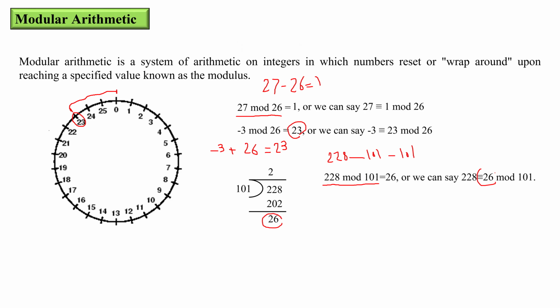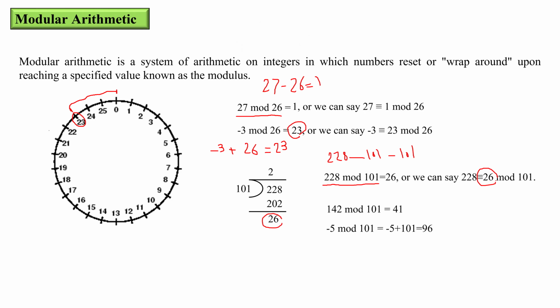So these are different methods that we can use to compute mod values. Or 142 mod 101 equals 41, and then again a negative value, minus 5 mod 101 equals minus 5 plus 101.